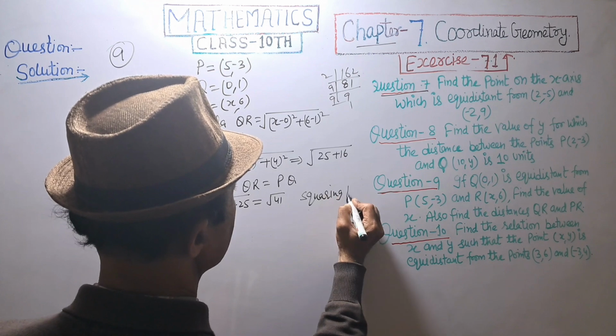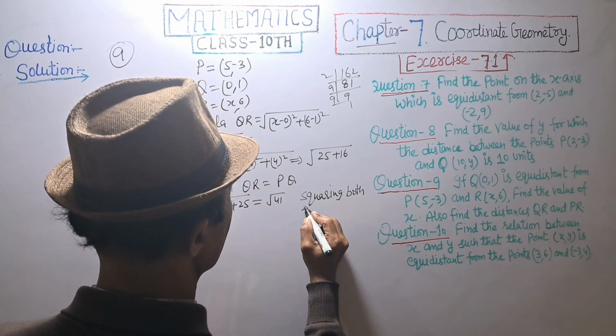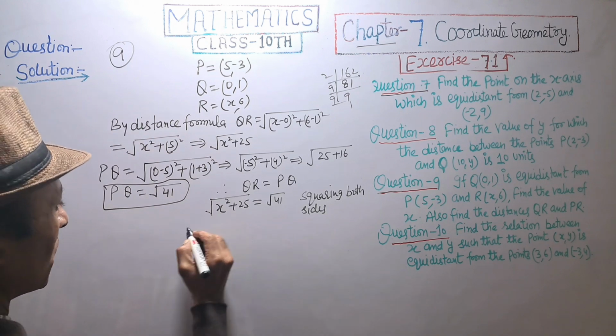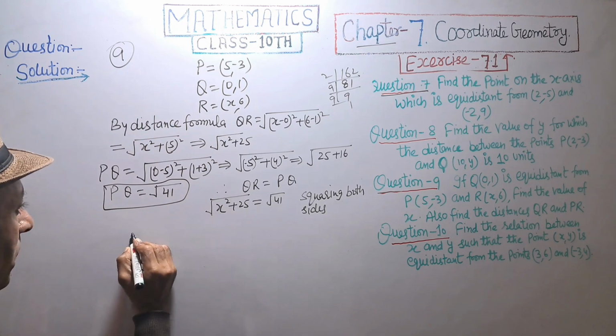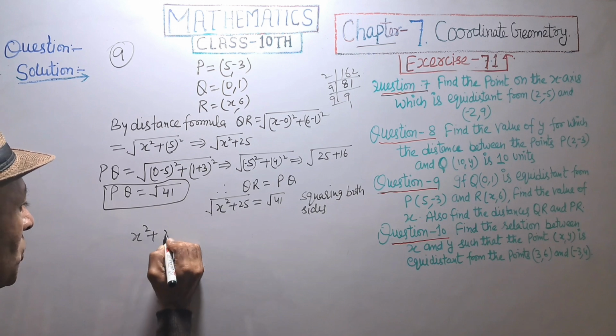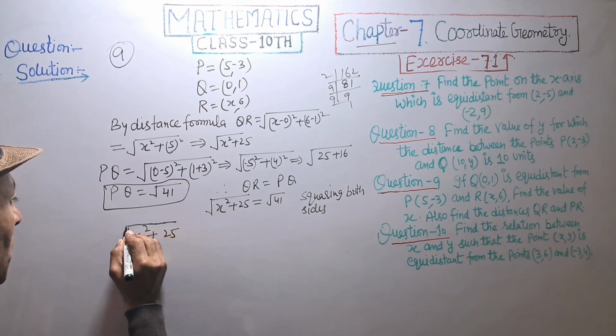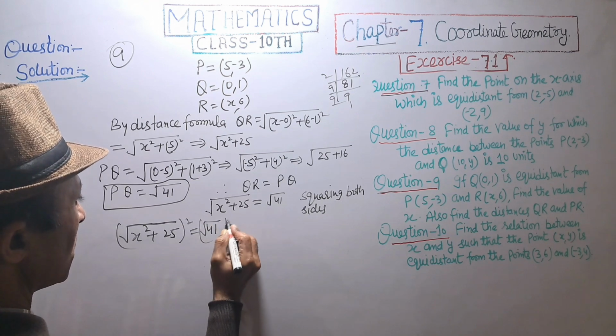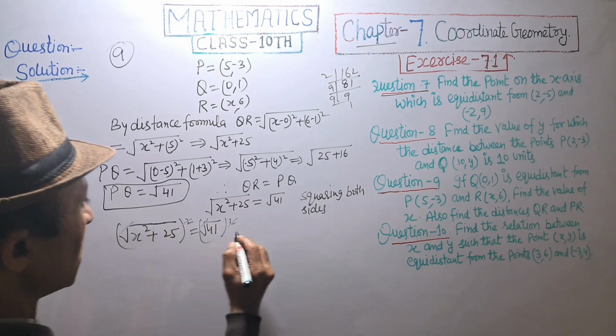Squaring both sides, that is, under root of x square plus 25, whole square, is equal to under root of 41, whole square. Square is cancelled.